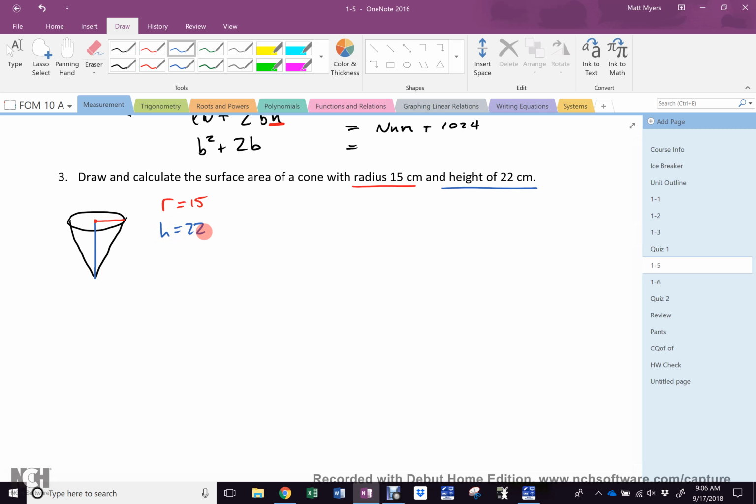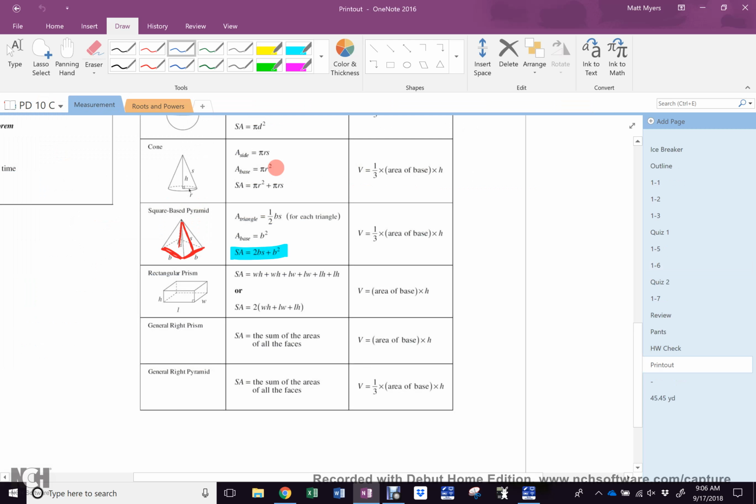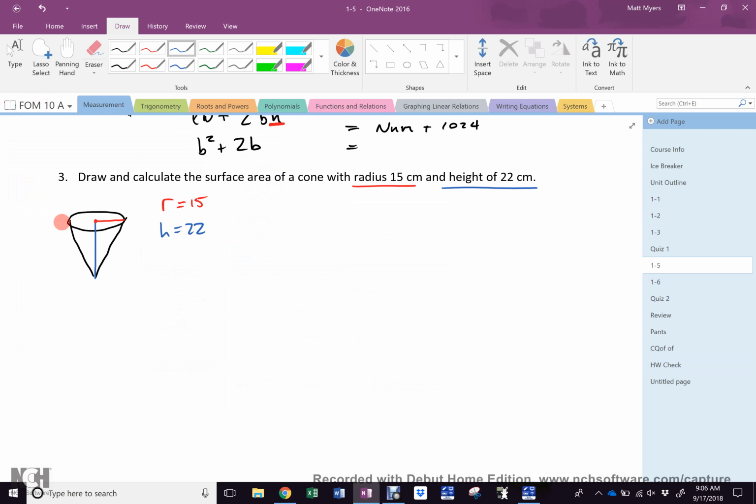So if it's a single figure, does it have a formula? Of course it does. We go to our formulas and we look. And we see a cone, surface area, pi r squared plus pi r slant. Right? So, I have an r, right?